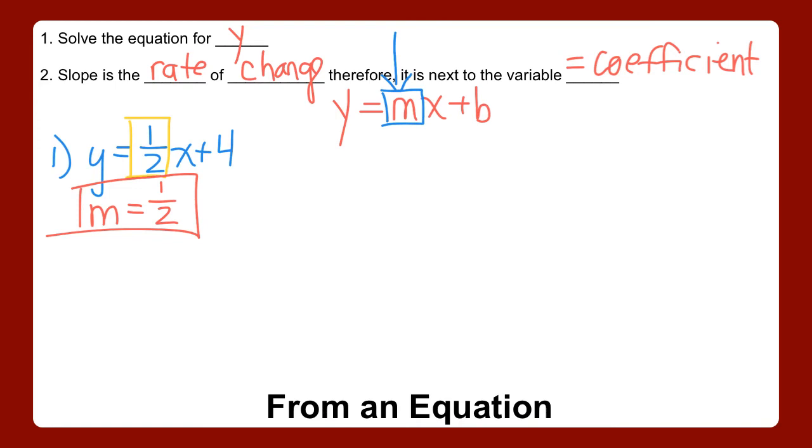Here's another one. Let's try this one. y equals -3x minus 2. I'm looking for my rate of change, or my multiplier, or my coefficient, or my slope, whatever you want to call it. See if you can find it.